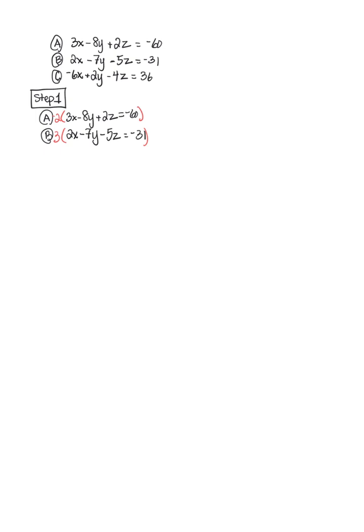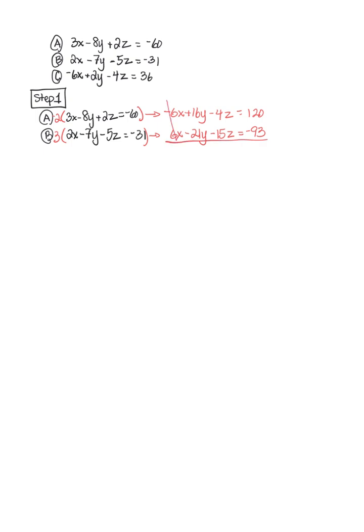It really doesn't matter. Okay, so let's follow over to the right, and I'm going to get negative 6x plus 16y minus 4z equals 120. And then for this guy, I'm going to get a positive 6x minus 21y minus 15z equals negative 93. Okay, now let's add the two equations.